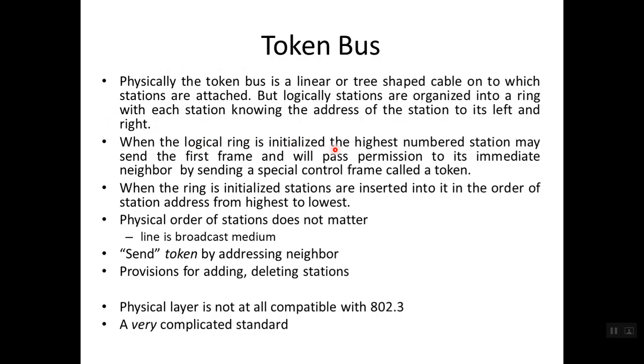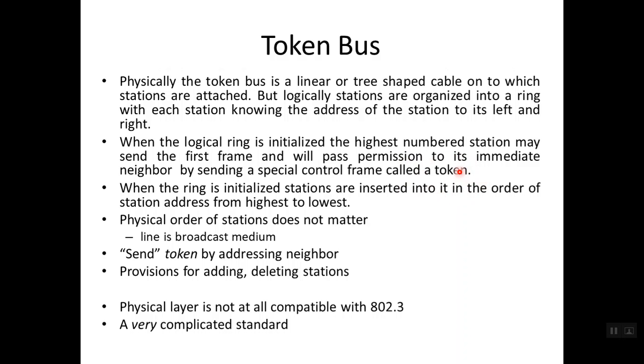When the logical ring is initialized, the highest numbered station may send the first frame and will pass permission to its immediate neighbor by sending a special control frame called a token. So in token bus, if a station wants to transmit a frame, that station must acquire the token.